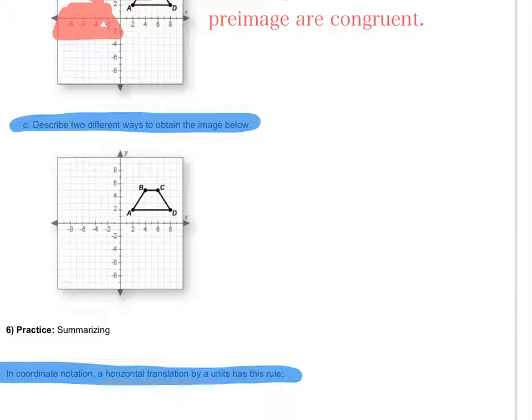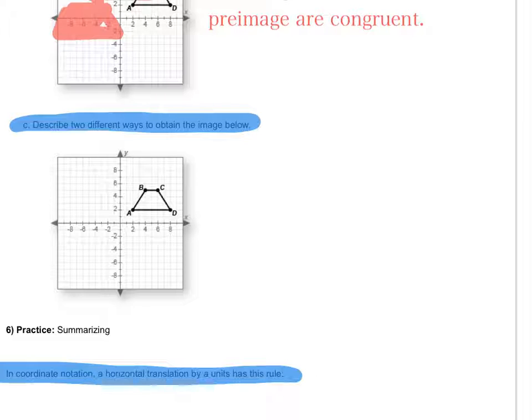The next one, C, says describe 2 different ways to obtain the image below. What it's telling you is that this is not the first image. This is the final image, what happens after. So I'm going to say it could be 2 reflections. One could be across the y-axis followed by one across the x-axis, or the opposite, a reflection in the x-axis followed by the y-axis.